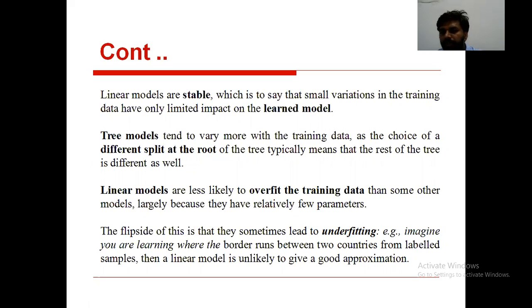Linear models are preferable whenever the data set size is small. With linear models, we avoid the overfitting problem. If you take a tree model and the data set size is small, we will get high variance. High variance will give less accuracy, meaning we will get an overfitting problem. But tree models are suggested whenever the size of the data set is high.